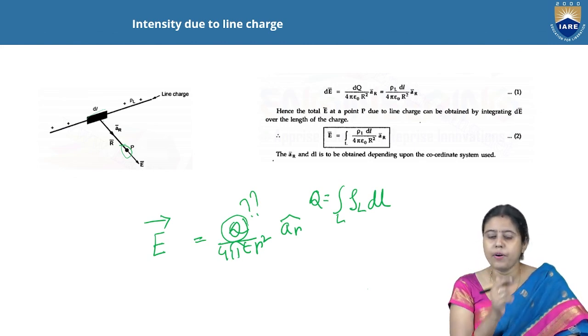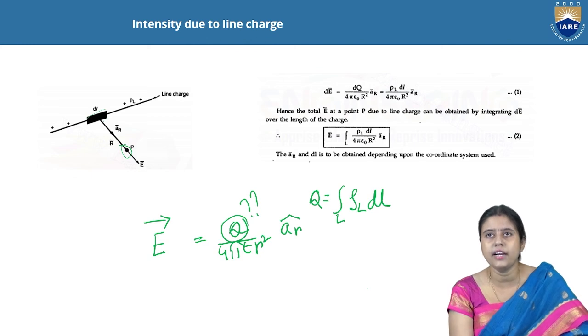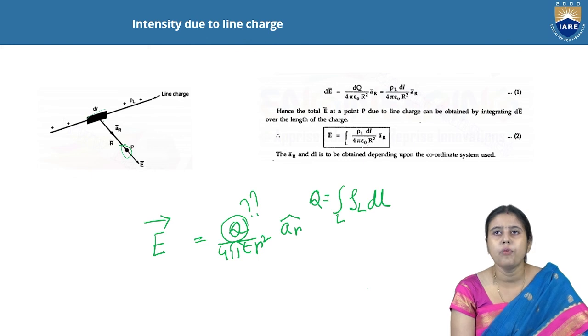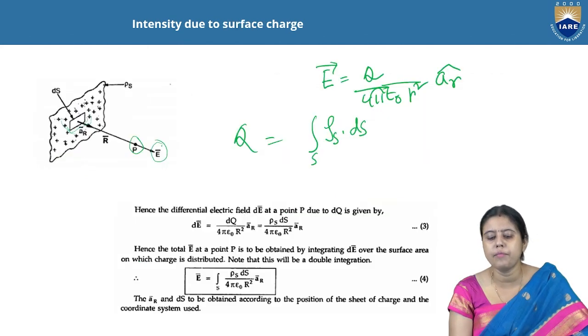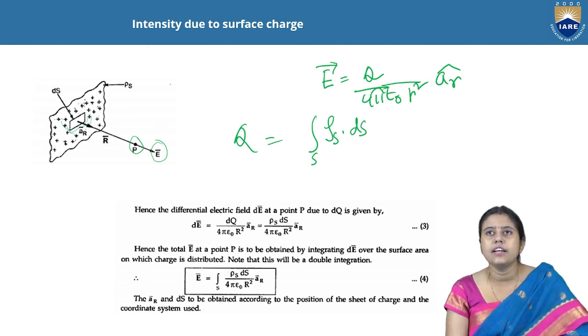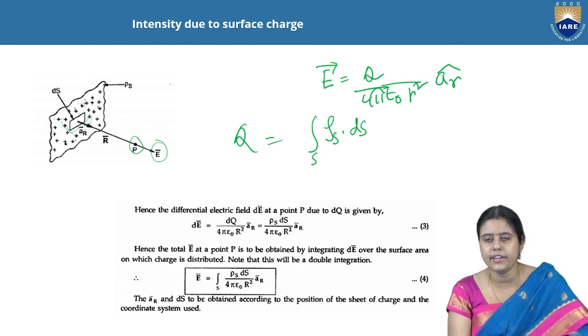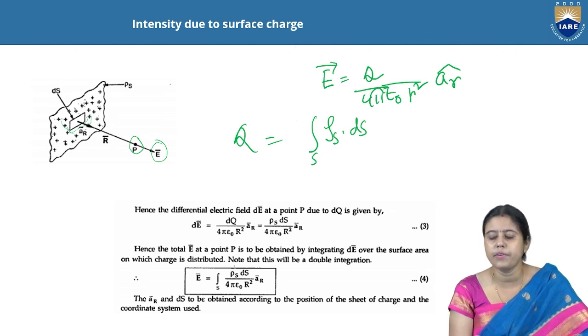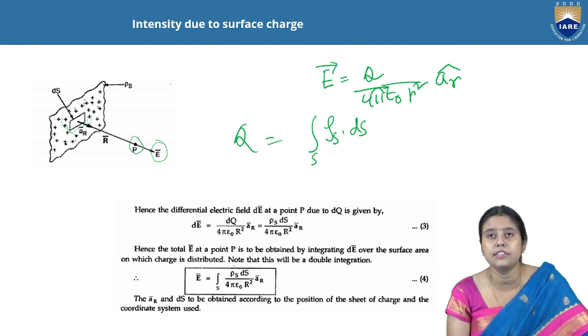Then we have discussed about the intensity due to line charge. The formula is E is equal to the integral of rho L dl by 4 pi epsilon 0 r square aR. aR is the direction of the force. Next, we have discussed about the surface charge. In the surface charge, we can write E is equal to the integral of rho s ds by 4 pi epsilon 0 r square aR, where rho s is the surface charge density.